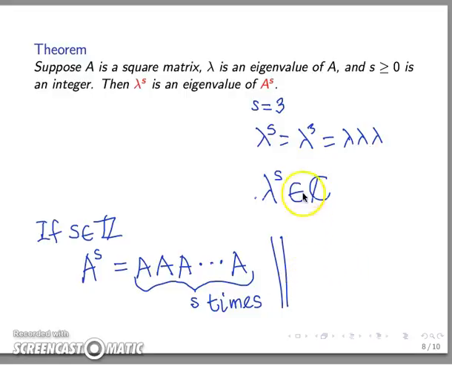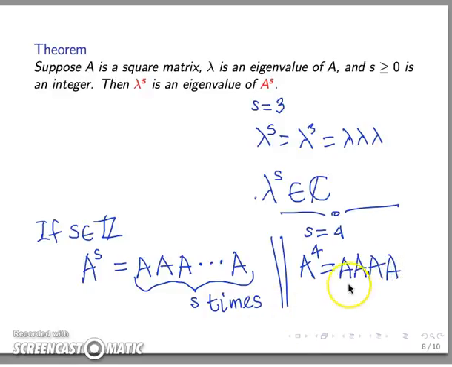So let's use a different value. Say S equals 4, so A to the 4 is a matrix obtained by multiplying A times A times A times A, okay? Multiplying the matrix times itself, and so we're assuming this matrix is square, so you multiply square matrix times square matrix, and that gives you still a matrix that has the same number of rows and columns.